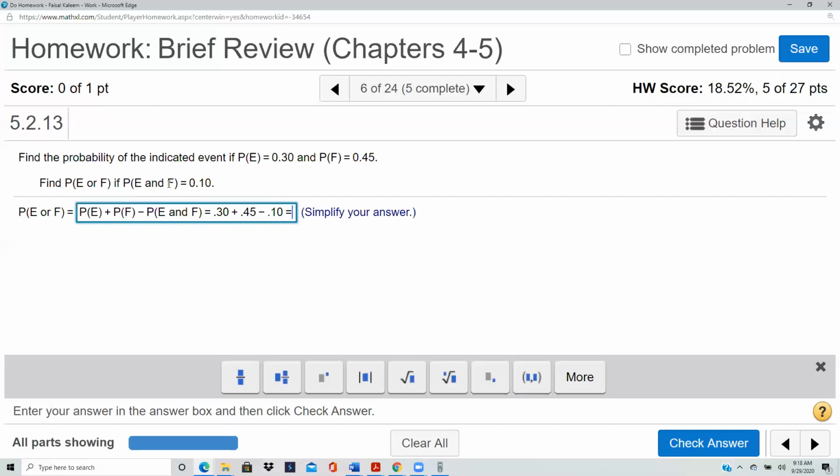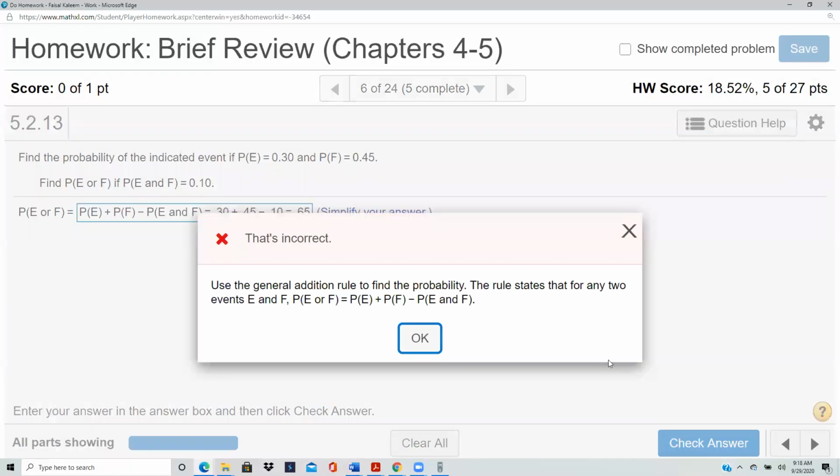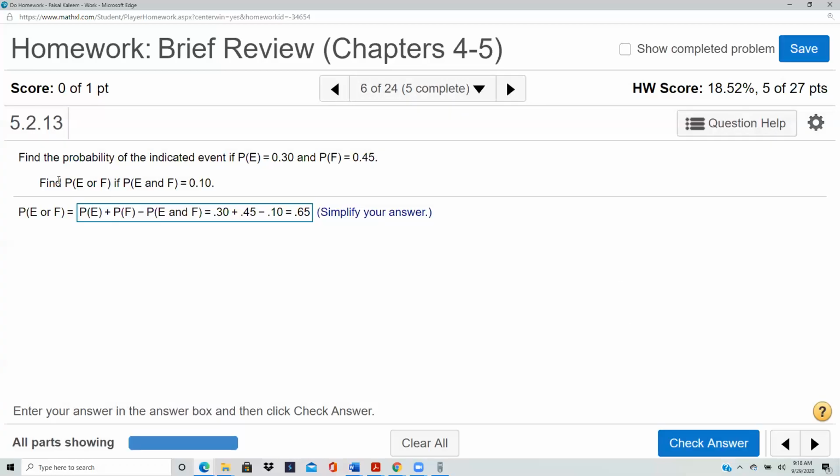Equals, let's see, 0.65. Yeah, that's it. Tell me, why is it wrong? Because I have all this.